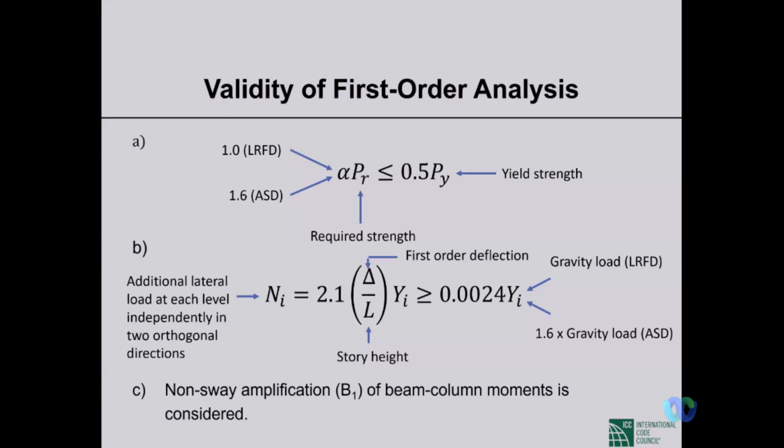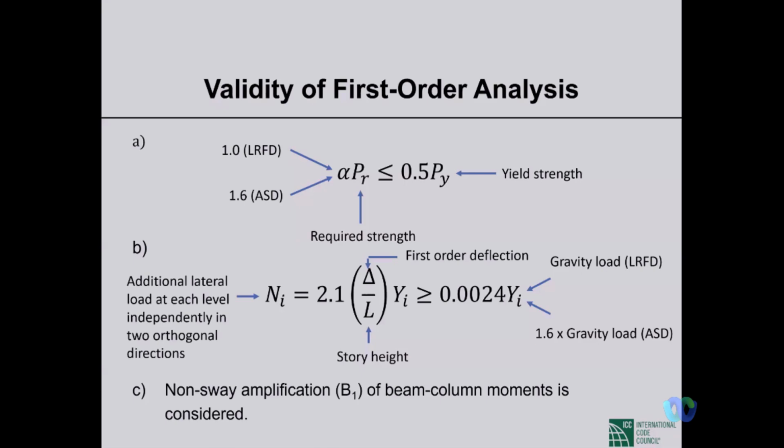Then another thing is that P small delta effect must be considered. Non-sway amplification B1, which is related to P small delta, that is individual member bending effect. Non-sway amplification of beam column moments we have to consider. So we'll do first order analysis. We'll calculate the story drifts. Then from those story drifts, we'll calculate the additional lateral load at each story level.